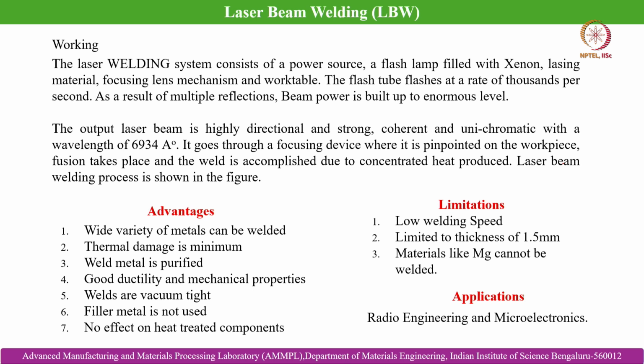Laser beam welding has several advantages. What are they? A wide variety of metals can be welded. There are not many restrictions in terms of the properties of the metals that can be joined by laser beam welding, and the thermal damage is minimum because it is a highly focused beam with local heating of the workpiece material. So other than the joint location, other areas of the workpiece and the assembly experience minimum thermal damage, and the weld metal is purified, and good ductility and mechanical properties can be achieved in the weld joint region and also in the adjacent region.